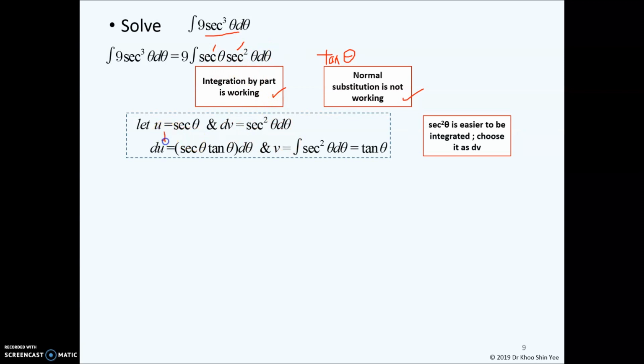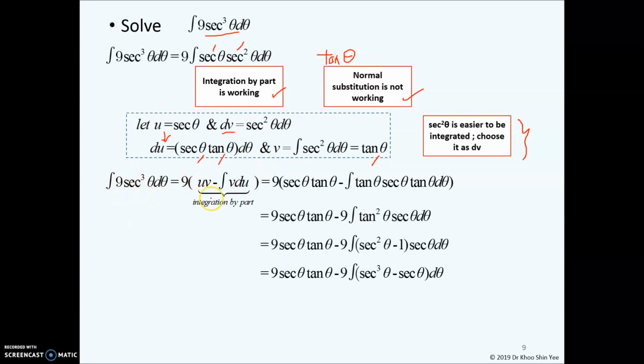So differentiating u, you get secant tangent. Integrating dv, you get v equal to tangent angle. This is the hint: for integration by parts, we always choose dv to be something easier to integrate. If you integrate secant, yes, you can continue, but integrating secant gives you something in ln, which is much more complicated. Therefore, we let dv equal to secant squared here.